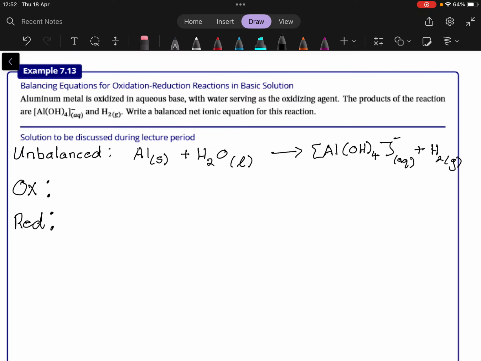So everywhere you see aluminium in the reaction equation, we say aluminium, solid, forms this aluminium complex, aqueous.